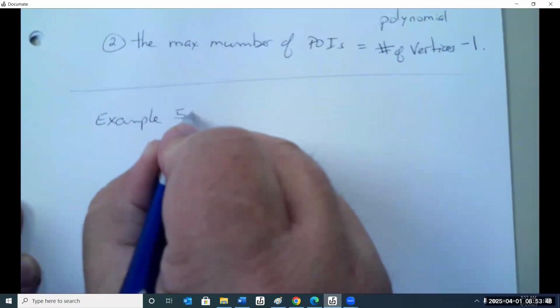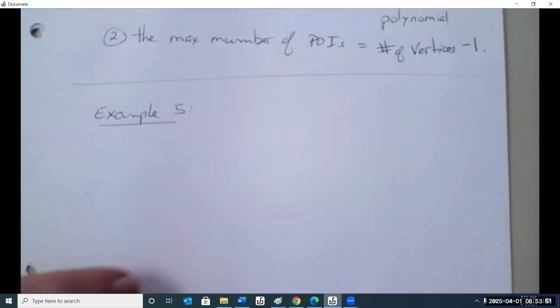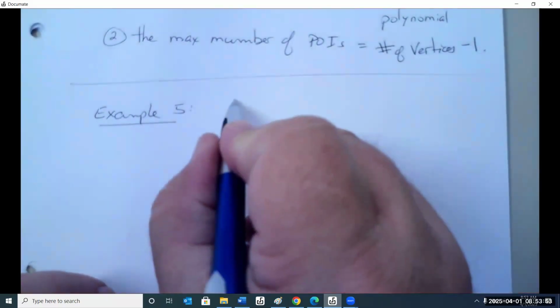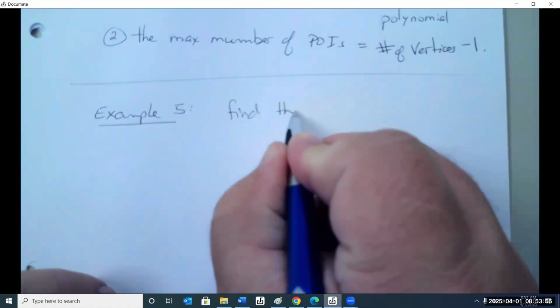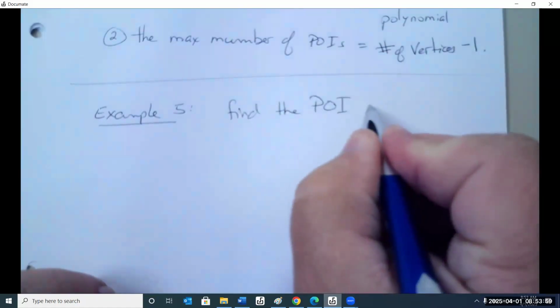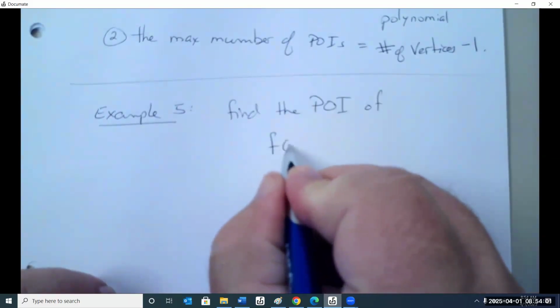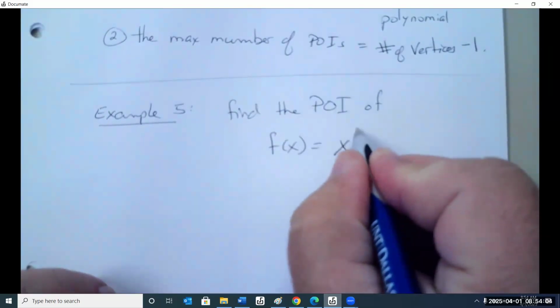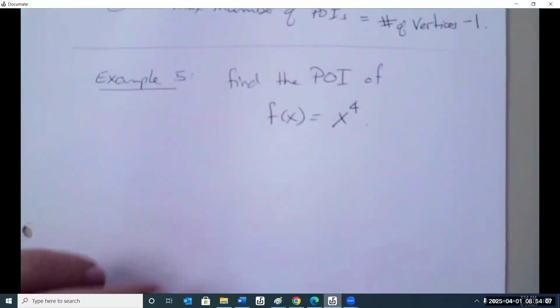Example 5. Find the point of inflection of f of x equals x to the fourth. So what do you have to do first?